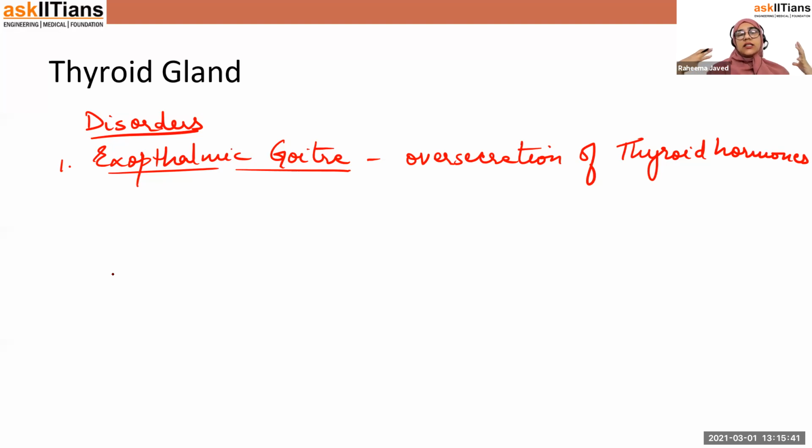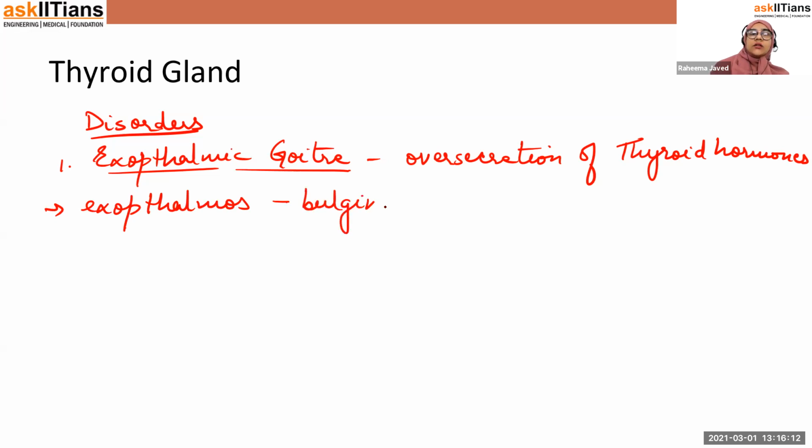the changes that take place in the body include heartbeat increases, okay, the breathing rate increases, and there is irritability and restlessness, etc. One of the marked symptoms of exophthalmic goiter is exophthalmos, which is bulging eyeballs.